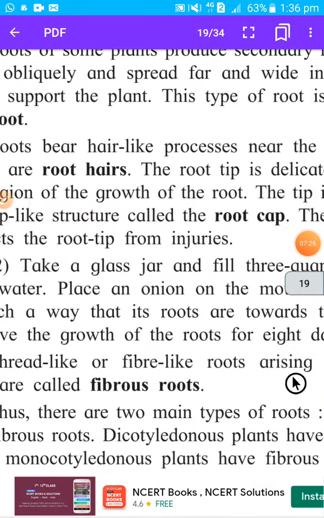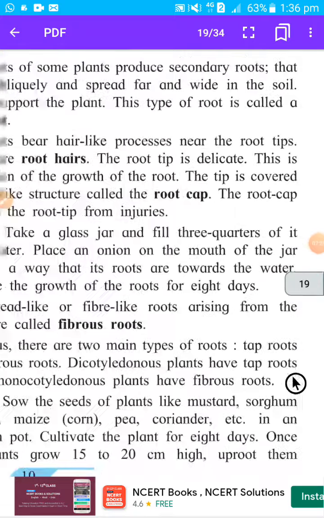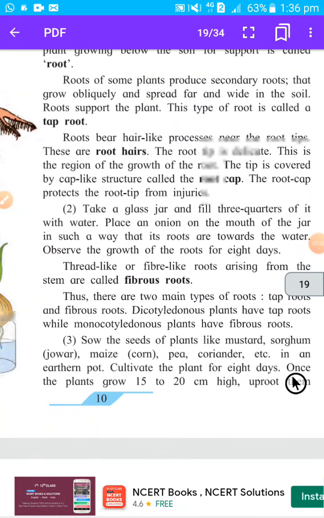This is the region of the growth of the root. The tip is covered by a cap-like structure called the root cap. Its function is to protect the root tip from injuries.